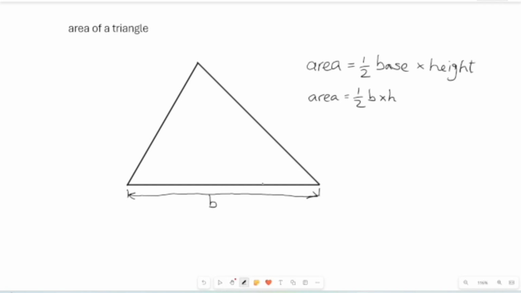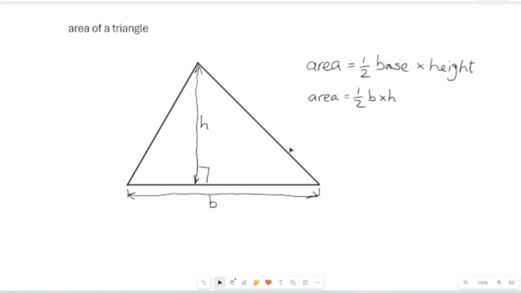And the height is not the length of either of these sides. That's not the height. The height actually goes from the apex to the baseline vertically. So we've actually got a right angle here, and this is the height.